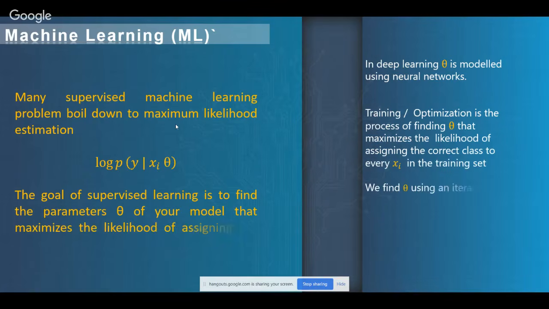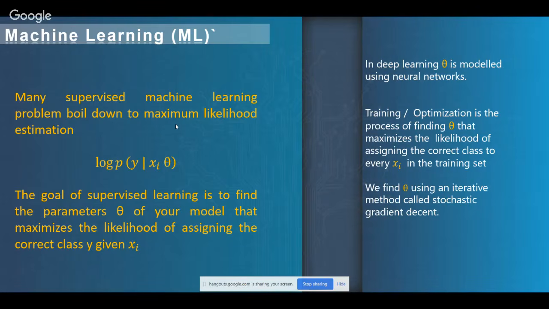Many supervised learning algorithms can be reduced to maximum likelihood estimation, where you try to estimate the parameters theta of a model that assigns some probability distribution to the data or to a target space.